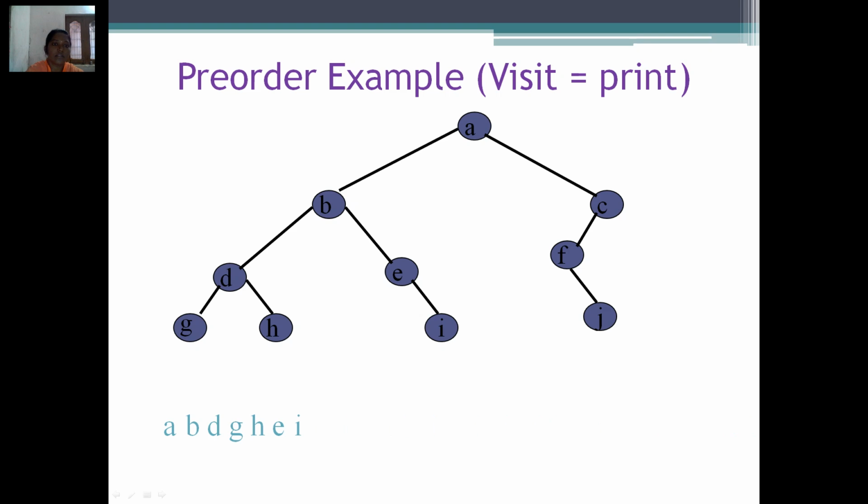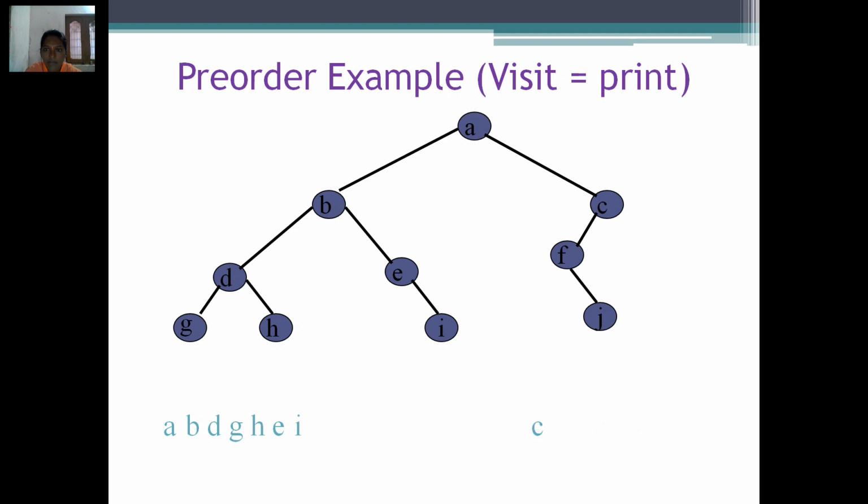By this traversal, the left traversing is completed, then move to the right subtree of A. Here in this right subtree, C, F, J is the right subtree of A. Here C is the root node of F and J.